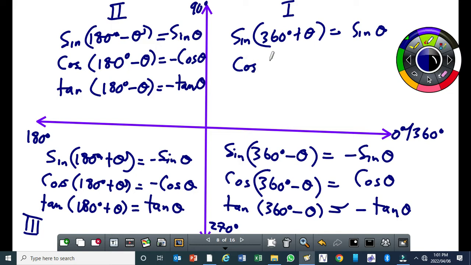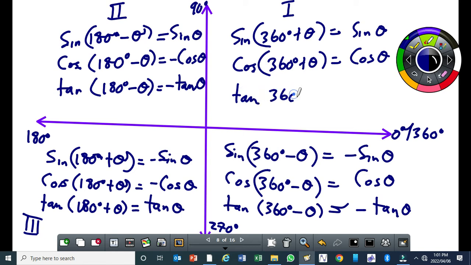And then cos of 360 degrees plus theta, that's equivalent to cosine of theta. And then tan 360 plus theta will give you tan of theta. Okay, because in the first quadrant, the three trigonometric ratios are all positive. So this is the fourth quadrant.